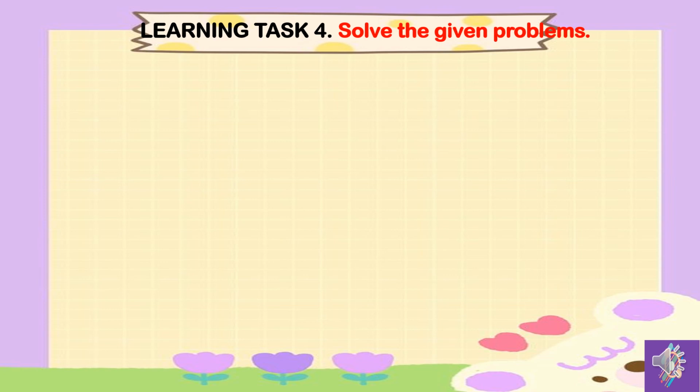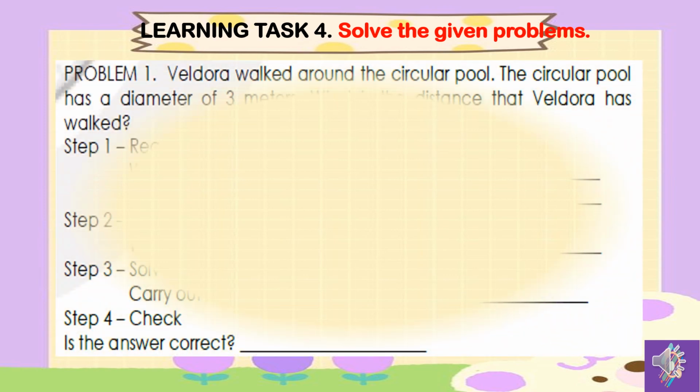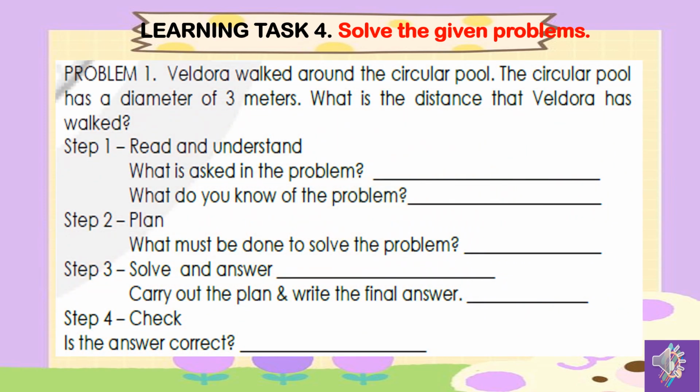So for learning task 4, solve the given problems. For number 1, Veldora walked around the circular pool, and the circular pool has a diameter of 3 meters. So what is the distance that Veldora has walked? Step 1, read and understand. Under that, what is asked in the problem and what do you know of the problem?